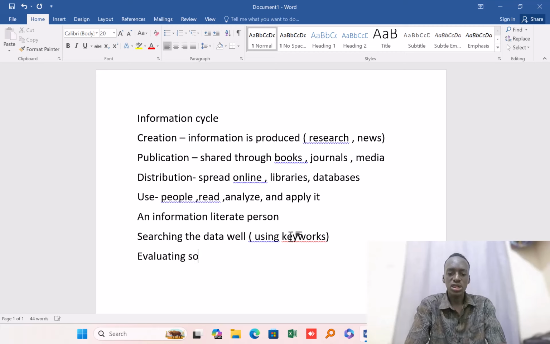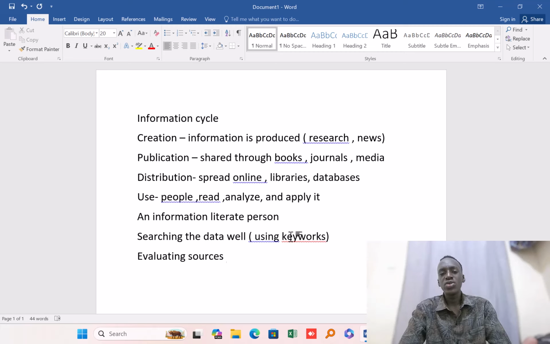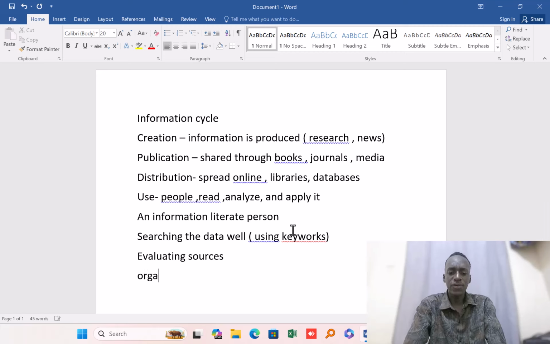Evaluating the sources, you have to evaluate the sources and put them on a scale. How is this helpful? It will help you to understand the credibility of the data that you're getting. Organizing will be another skill that you will need in information literacy. Organizing the data.